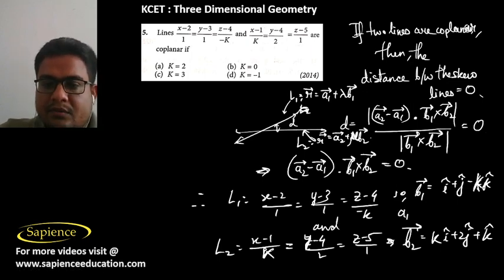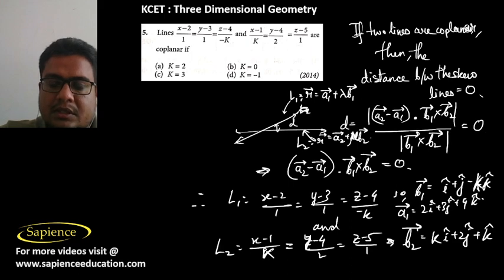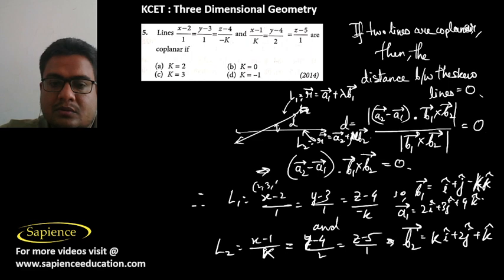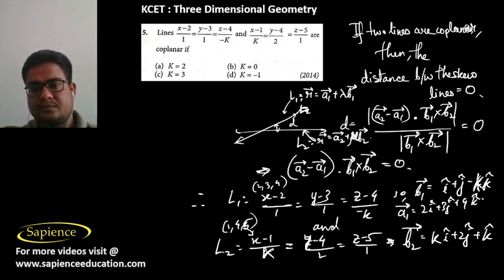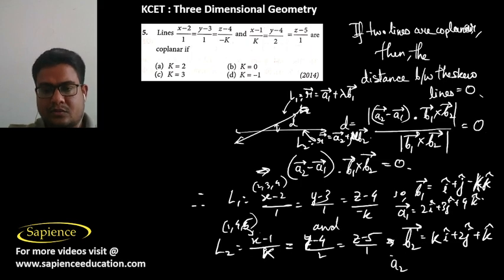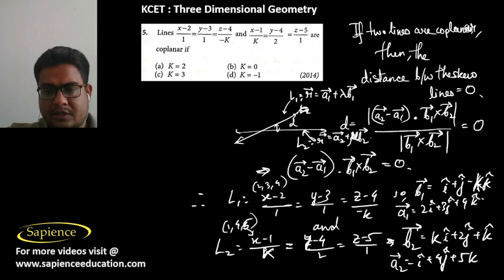Here a1 vector is also equal to 2 i cap plus 3 j cap plus 4 k cap, since from here we can see that the straight line passes through the point (2, 3, 4). Here also this straight line L2 passes through the point (1, 4, 5). a2 vector is i cap plus 4 j cap plus 5 k cap.